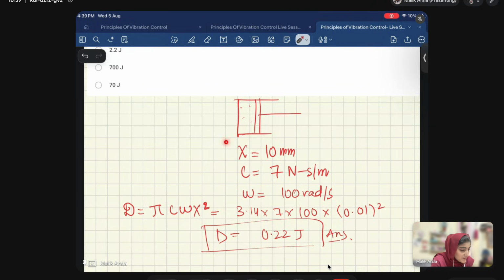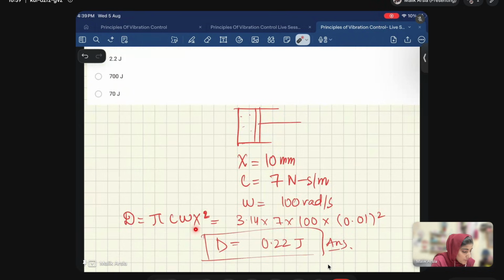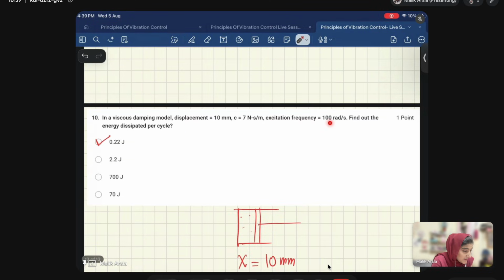For a viscous damper, we know that the energy dissipated, which we calculated, was pi c omega x square, where x is the amplitude of vibration, which is given as 10 mm, equal to 0.01 meter. We have to put everything in SI units. The value of c and omega is given as well. Omega is 100 radians per second.